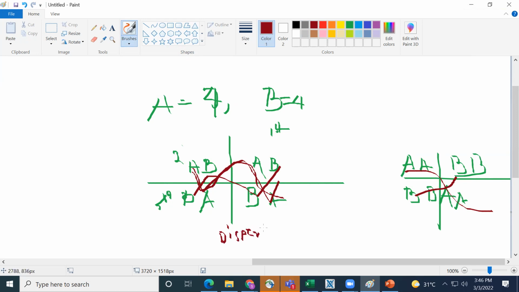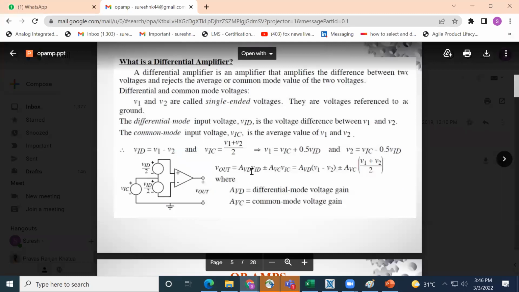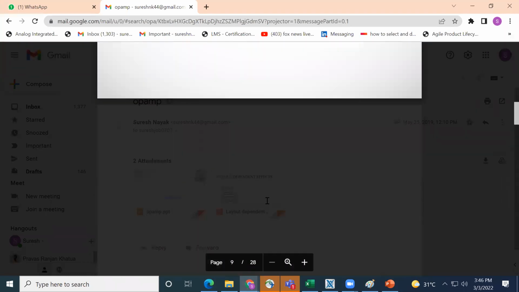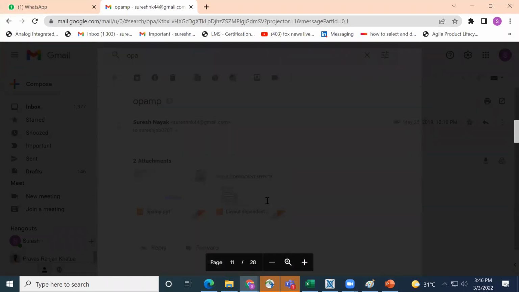So one term is dispersion. It will be dispersed. For that matching concept, I share the PPT now. It should be symmetric on the X and Y axis.